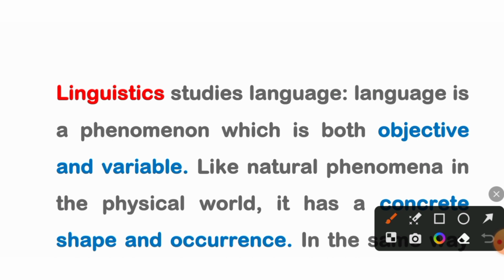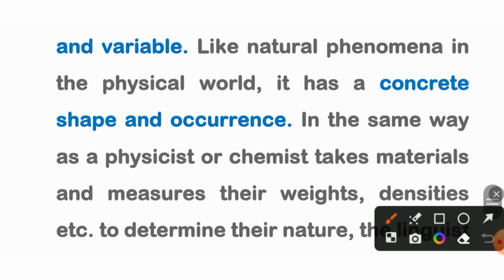That makes it authentic. Like natural phenomena in the physical world, it has a concrete shape and occurrence. It means language has its existence in the form of words, syntax, speech, and communication. Language has physical existence as science has.